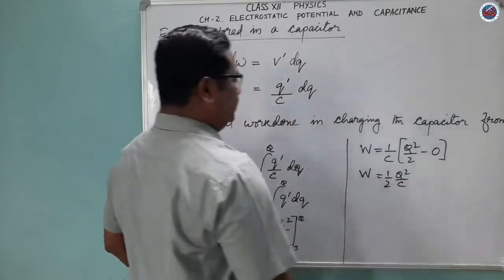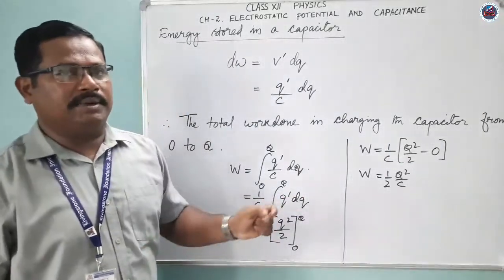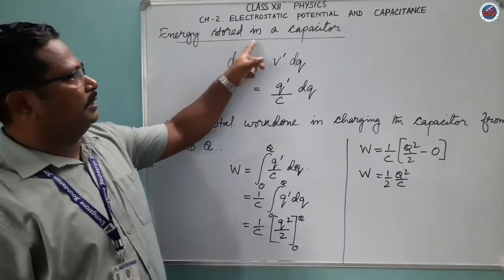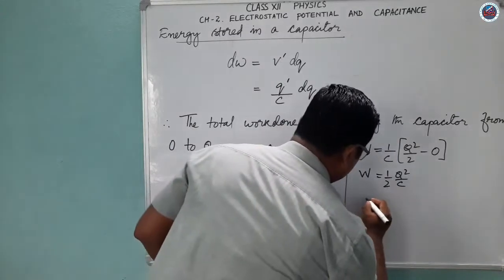This work done in bringing the charge from one plate to the other plate gives us the measurement of energy that is stored in a capacitor. So this work done gives us the measurement of energy.